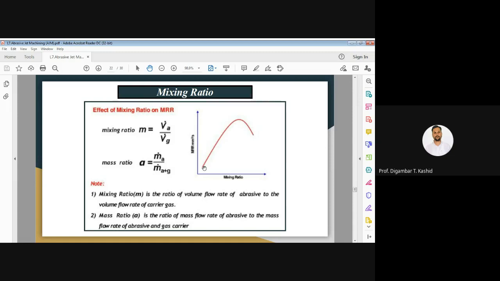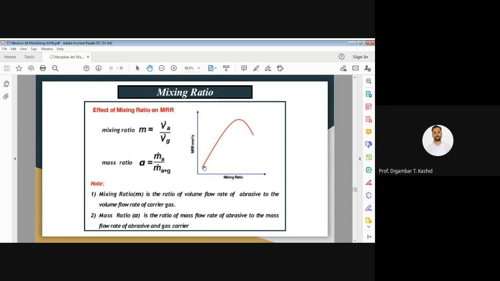But before that red point, there will be pressures which are less than your critical pressure. Less than critical pressure means there would be no material removal.